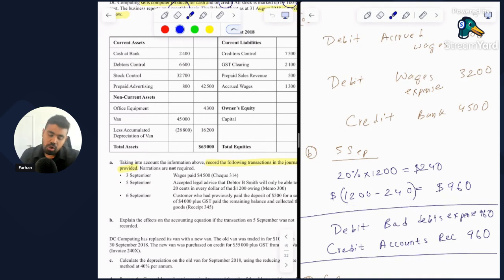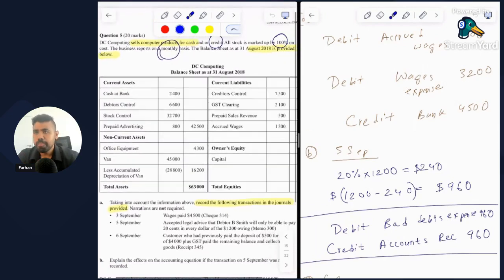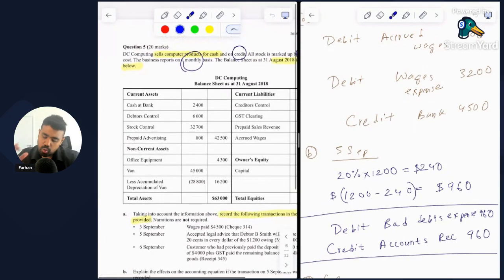Now, first of all, you need to check if we had an allowance for doubtful debts account originally. You can see that we do not have any information given for allowance for doubtful debts account in this question. So, whatever amount has been confirmed as uncollectible, we can write it off straight away as bad debts expense or doubtful debts expense.